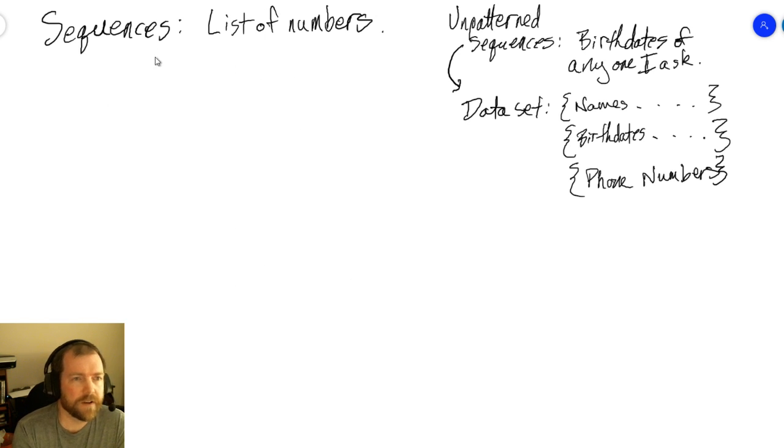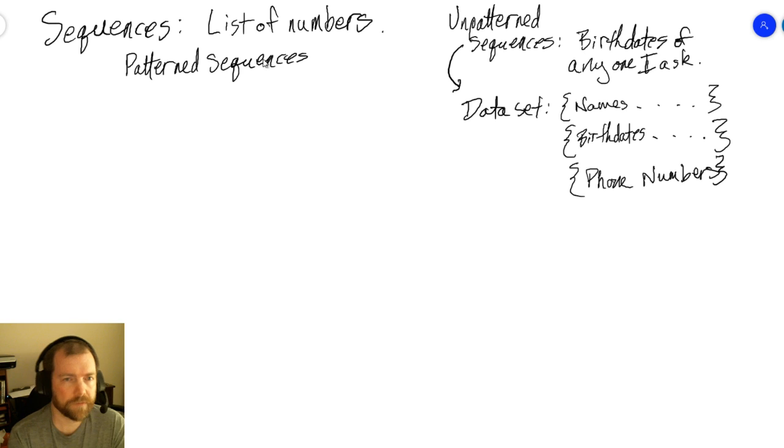On the other hand, the ones that we like to talk about are the patterned sequences. And these come in kind of two styles. So typically we have something that is explicitly defined.